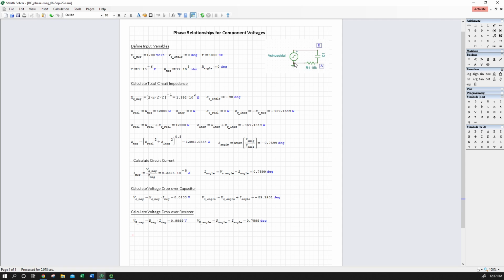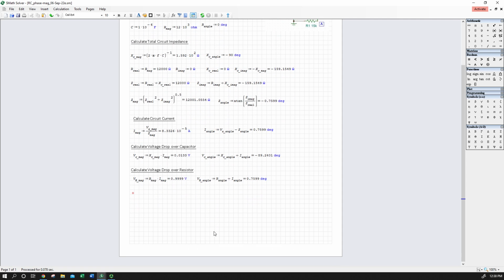We could impose our signal on our series RC circuit and measure between this point and display it, mathematically manipulating it versus a measurement taken at point A here. So basically point B versus ground, point A versus ground. We could get the magnitude and angle of V sub R and V sub C, either directly or by difference, depending on which way we had arranged the circuit.